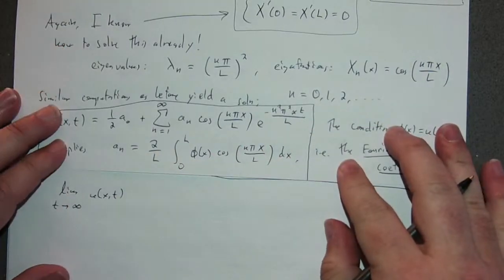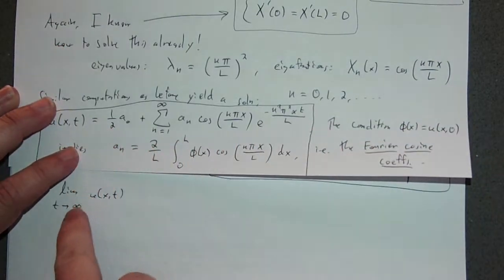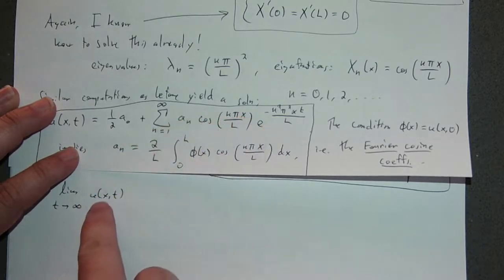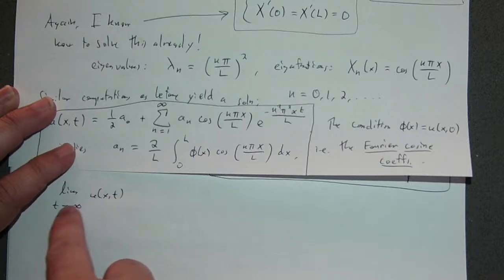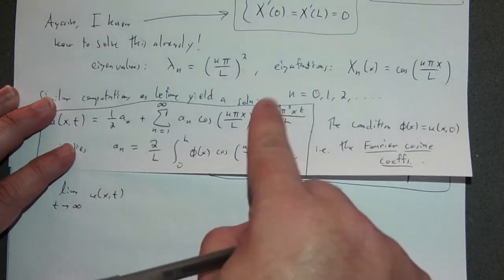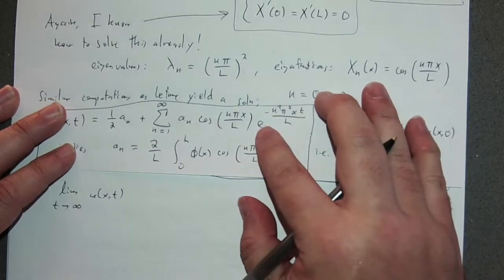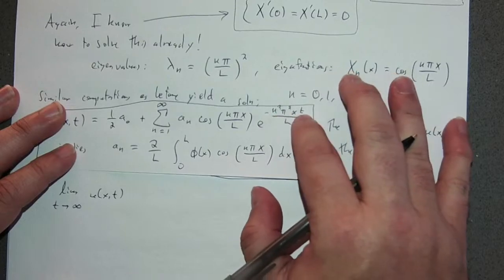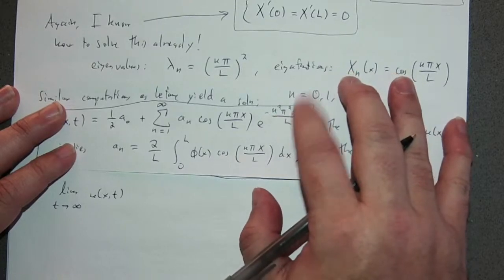What happens here? Well, as t goes to infinity, each of these terms that is multiplied by e to the minus positive constant times t is going to be killed off, right?